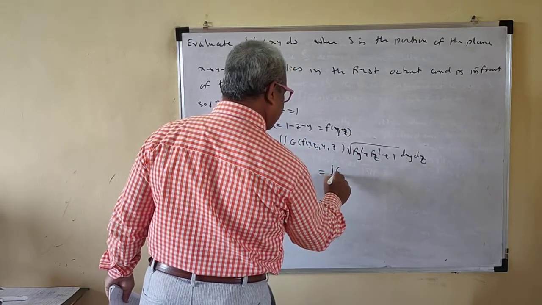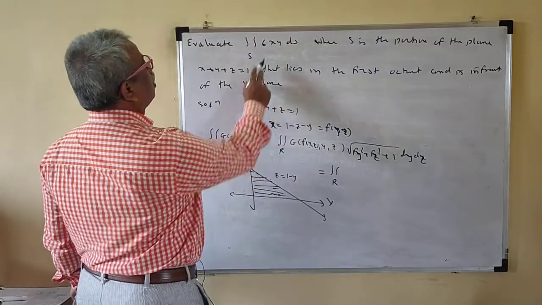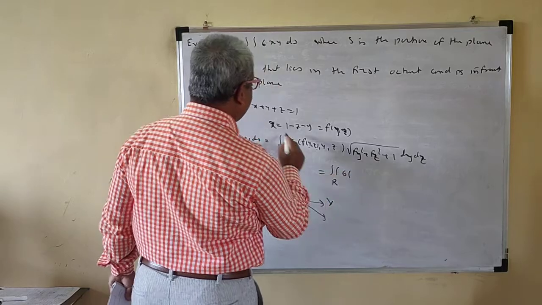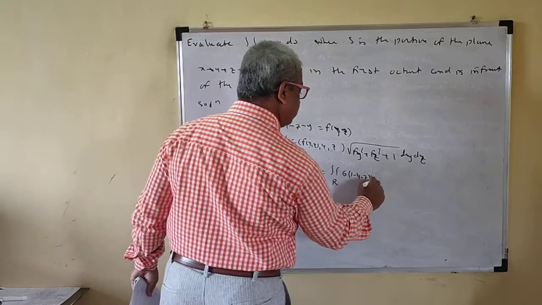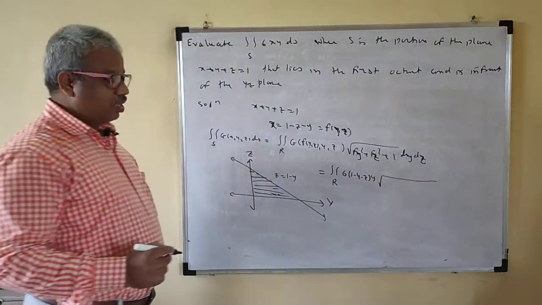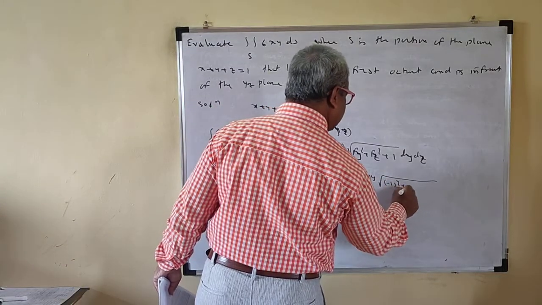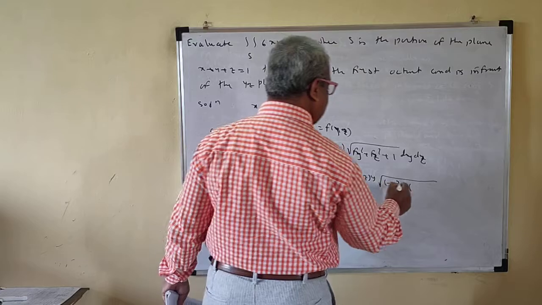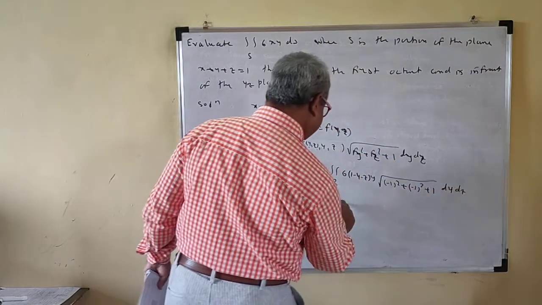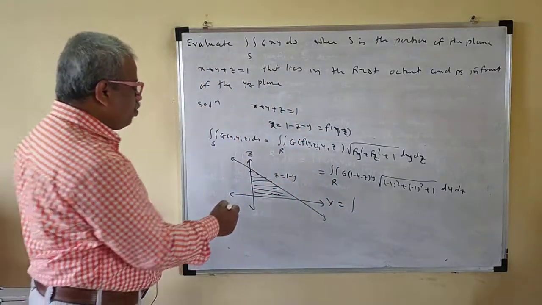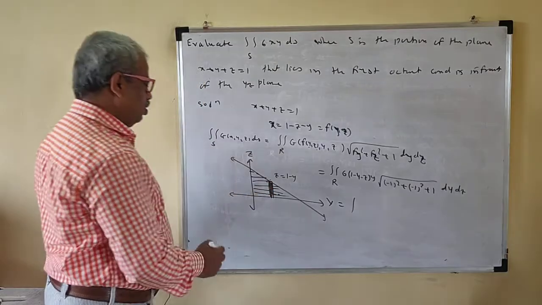Now this is equal to the double integral over R of g, which is 6xy, where x is 1 - y - z, times the root of f_y squared, which is (-1) squared, plus f_z squared, which is again (-1) squared, plus 1, dy dz. Now if you draw a strip parallel to this, this is z.